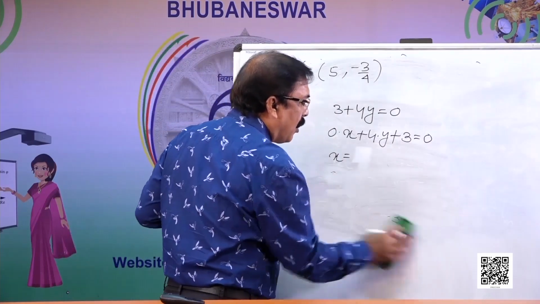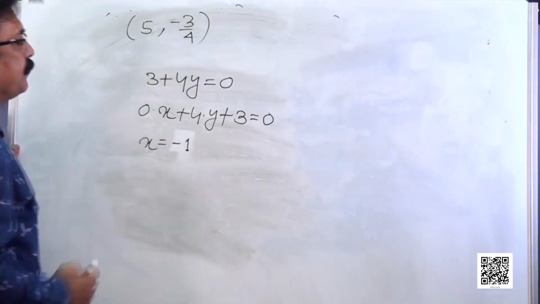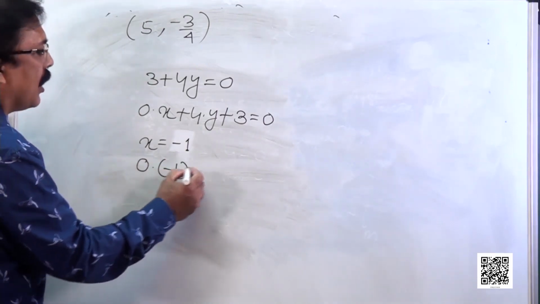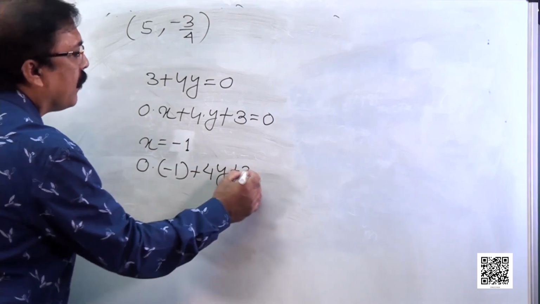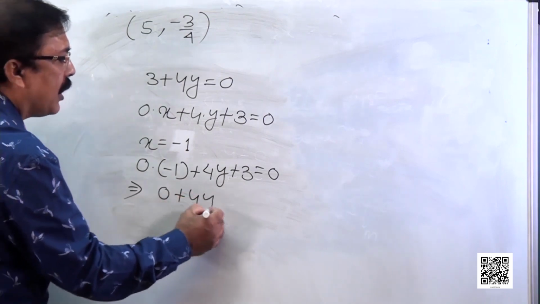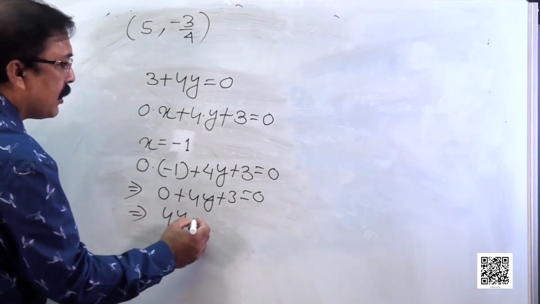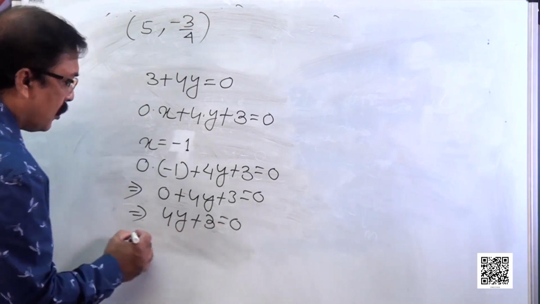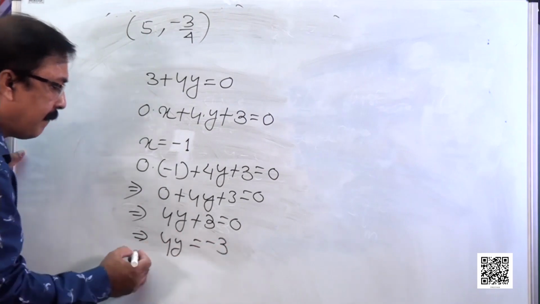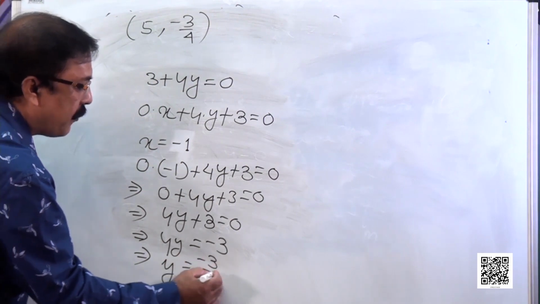Let's try with another value of x. If we put the value of x as, say, minus 1, then what happens? 0 into minus 1 plus 4y plus 3 equal to 0. This gives 0 plus 4y plus 3 equal to 0. That means 4y plus 3 equal to 0, or 4y is equal to minus 3. That gives y is equal to minus 3 by 4.